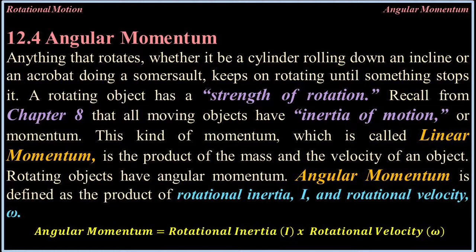Angular momentum is defined as the product of the rotational inertia I and the rotational velocity omega. Angular momentum equals rotational inertia times rotational velocity.